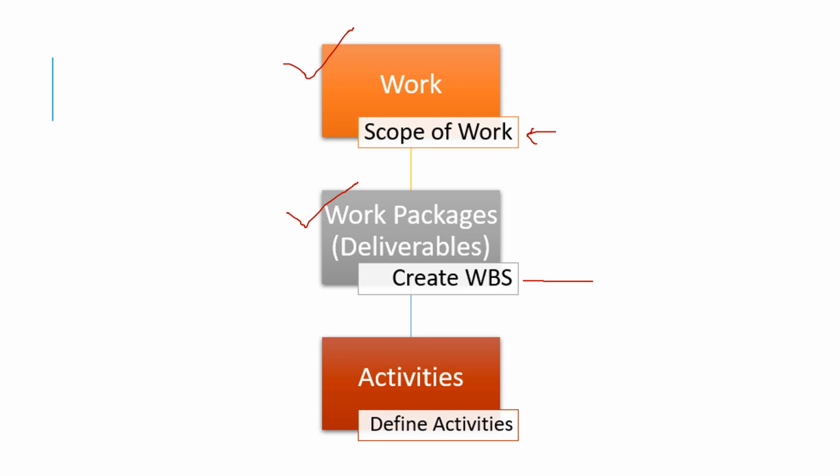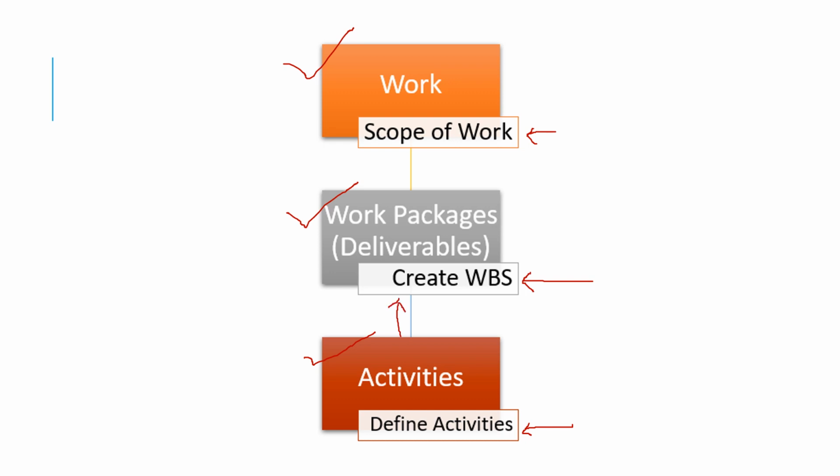This is done in the create WBS process. This is where you identify what the work packages or the deliverables of the project should be. And below that, in the define activities process, is where you come up with the list of activities. So the list of activities is the output of the define activities process, and you get all the activities which should be done to deliver all the work packages, right?